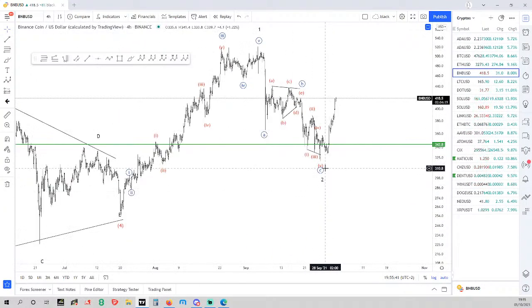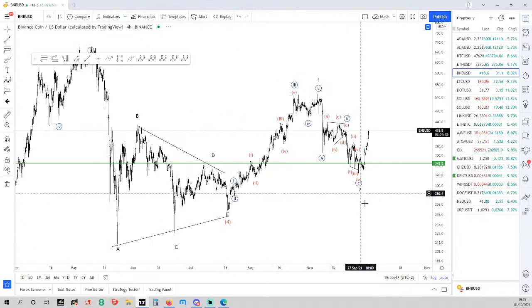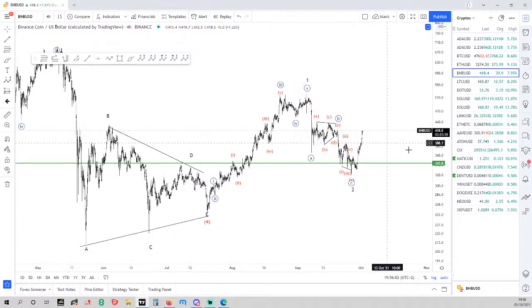It's actually looking good. This could be 1, 2, 3, 4, 5. So I'm just going to stay in for the moment.